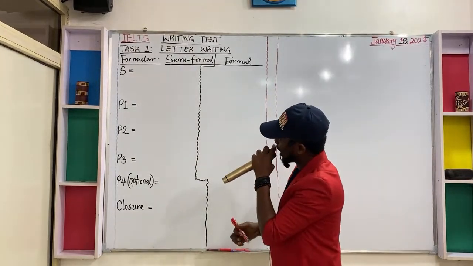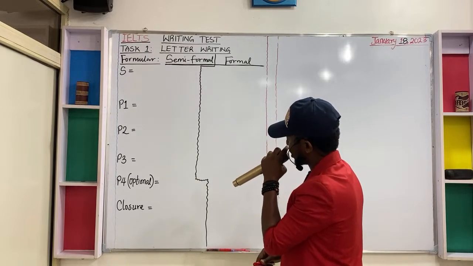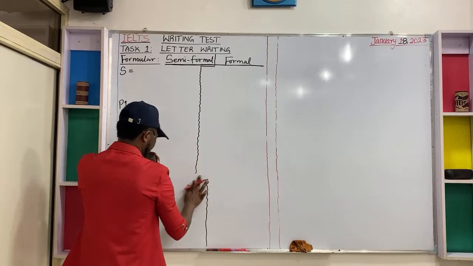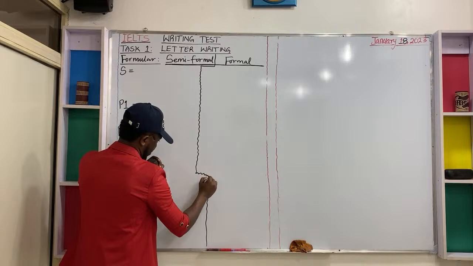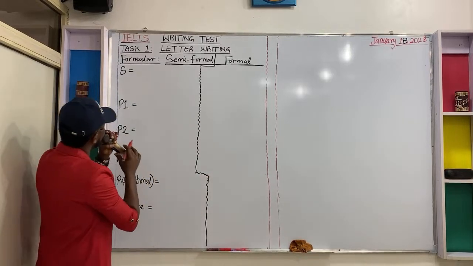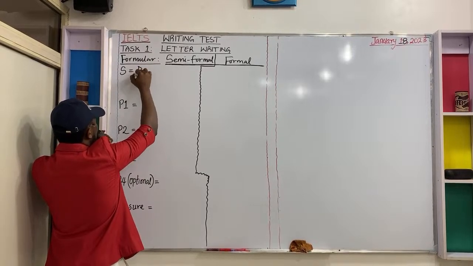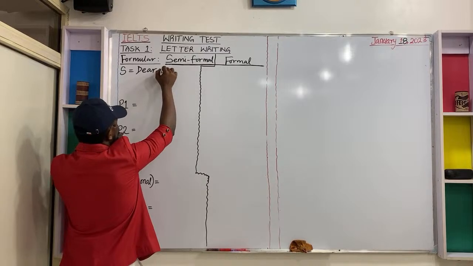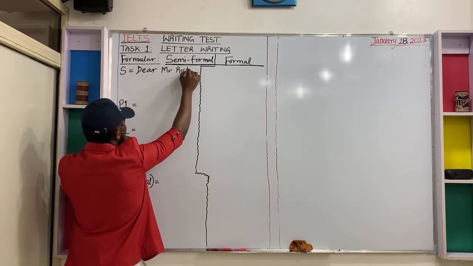So let's understand how to apply the formula when treating the semi-formal and the formal letters. So let's begin. For a semi-formal letter, the salutation should be, of course, you must begin with Dear who. It could be Dear Mr. Richie.